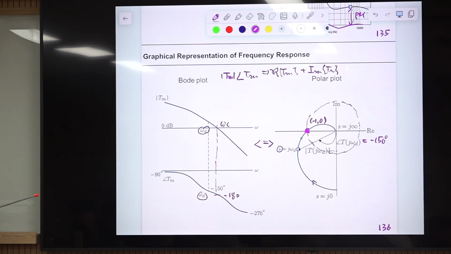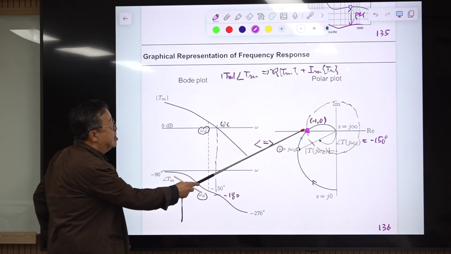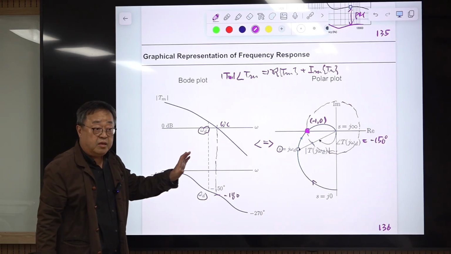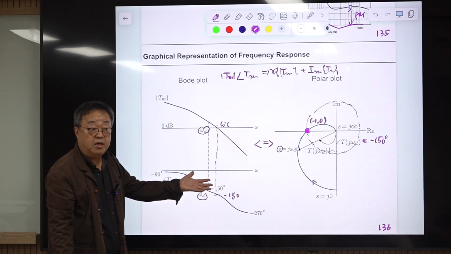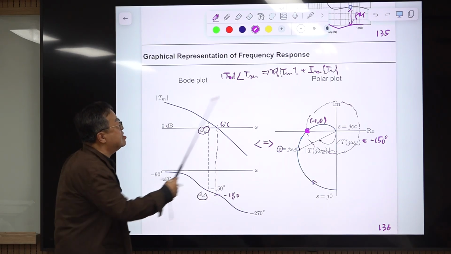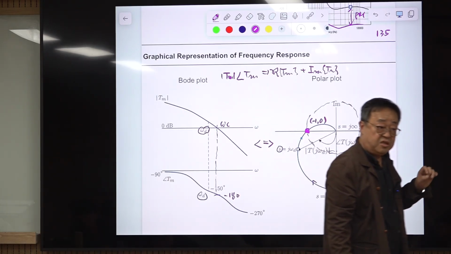Then what is the case? At this frequency, the phase is minus 180 degrees, and the magnitude is 1. Then the system is what? A marginally stable system, okay. If it happens like this, the system is on the boundary between stability and instability.